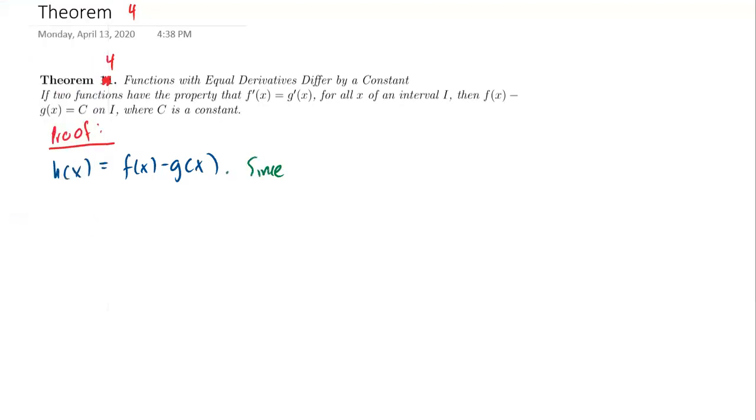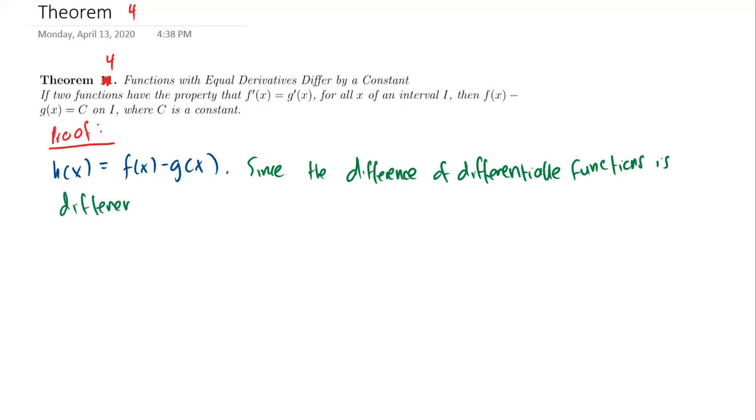Since the difference of differentiable functions is differentiable, then we know that h of x also has to be differentiable on I, because we're focusing on this interval I. We don't know any other information about f and g outside of I. All we know is that on the interval I, they're differentiable and the derivative is equal.